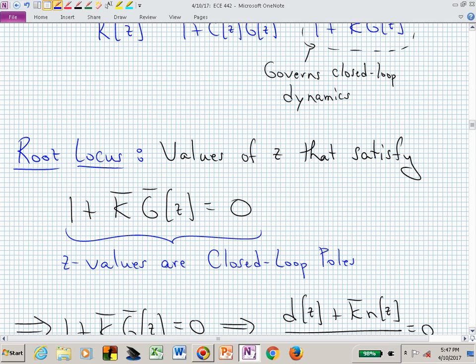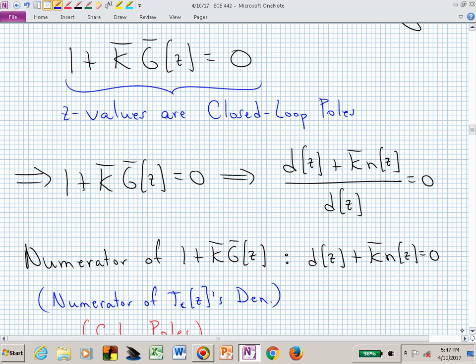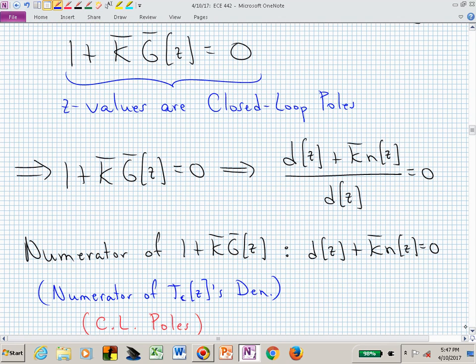And the values of Z that cause that to happen are the closed loop poles, and we'll show those with our red line. Or if we now label G bar of Z as having a numerator factor and a denominator factor, the numerator factor being N and the denominator factor being D, then the 1 plus K bar G bar, simply once we put that over a common denominator, becomes D plus K bar N. And we're interested in the numerator of that.